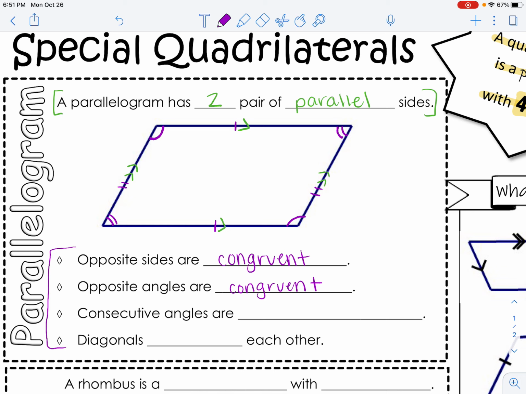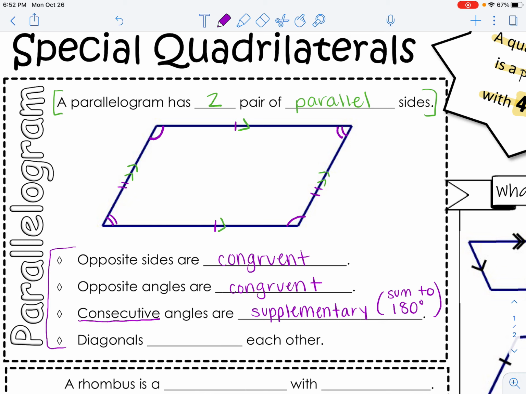The next one says that consecutive angles are supplementary. So if you know what supplementary means, this means that they sum to 180 degrees. Now, something that you might not be familiar with is consecutive.